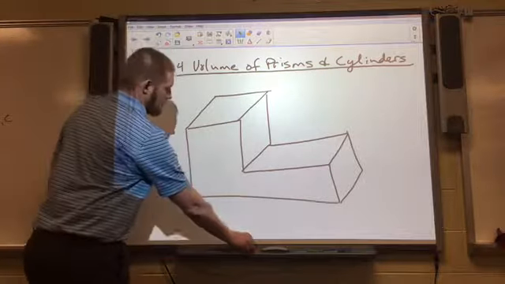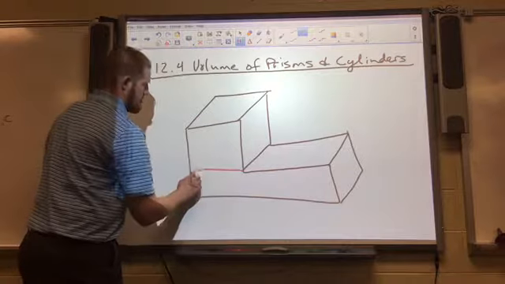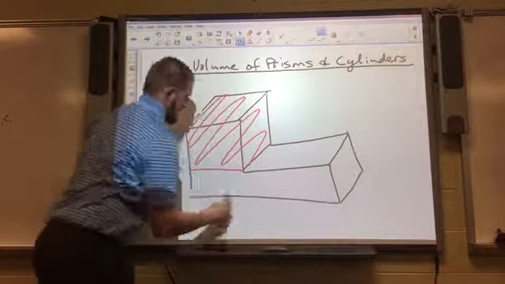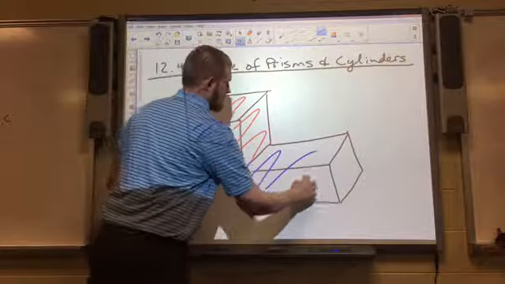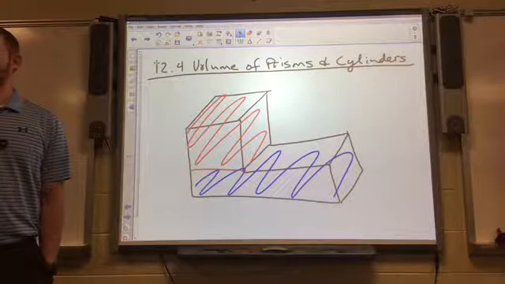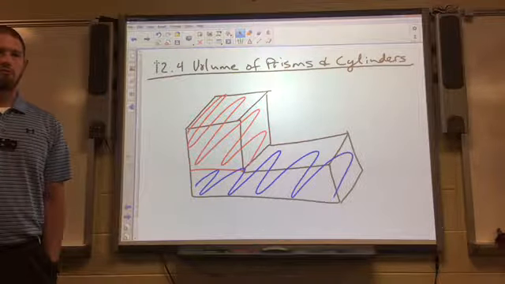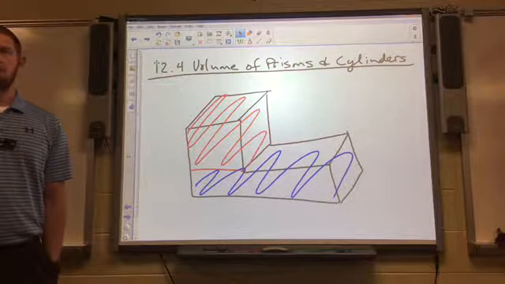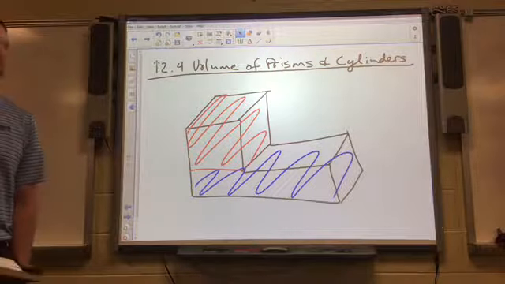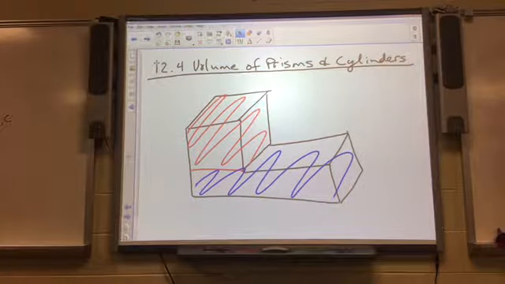Well, couldn't I cut it right here? And I could find the volume of this. And I could find the volume of this. And do what? Add them together. And then I'd have the volume of my whole shape, right? That's all they're getting at there with the volume addition postulate. I think most of you could have probably come up with that one on your own. So, questions on any of those 3? Like I said, we're going to try to breeze through this so you have as much time as possible.